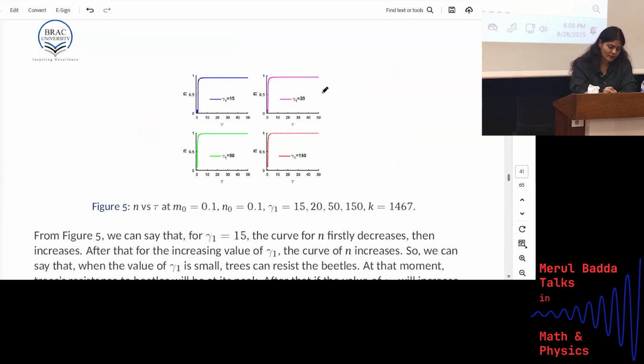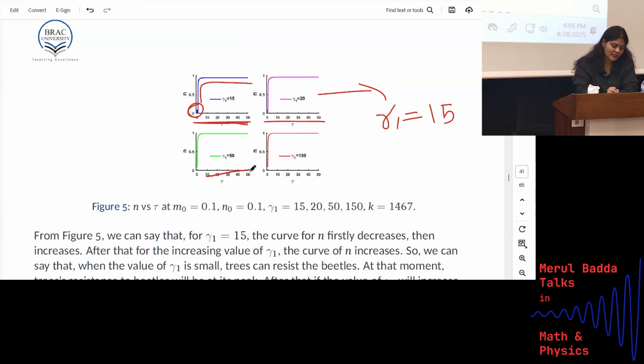This is gamma 1. If gamma 1 is 15, at first it decreases, but over time the value of N increases, and if we increase the value of gamma 1, it increases faster.